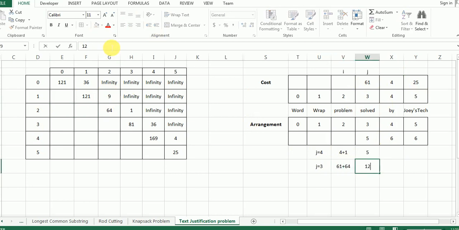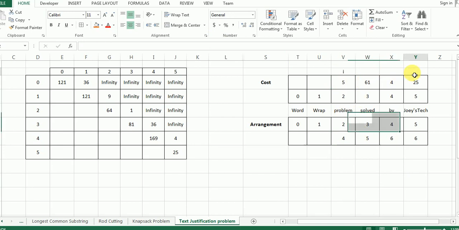Now no way 125 is greater than 5. Hence we will have to settle with the split at 4. So I'm going to place 4 over here, and the value which I'm going to place over here will be 5. All right, amazing.